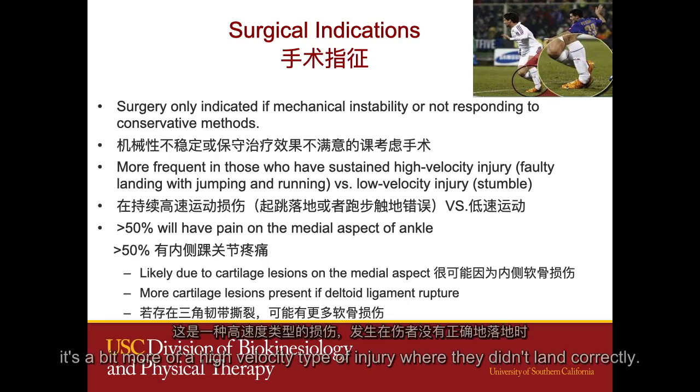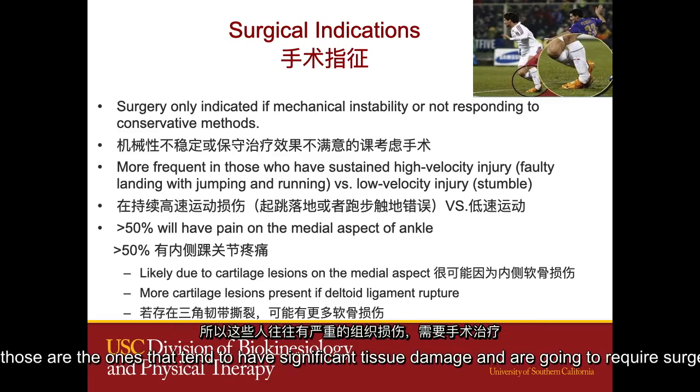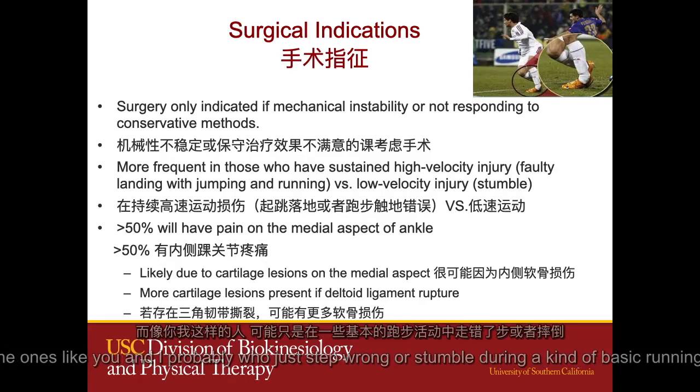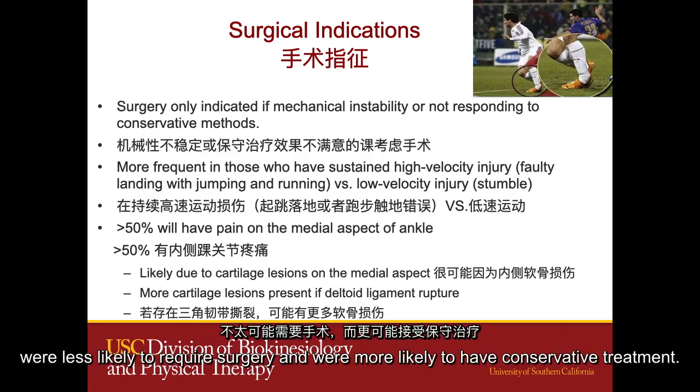Most of the time, it's more of a high velocity type of injury where they didn't land correctly. Those are the ones that tend to have significant tissue damage and are going to require surgery. Whereas the ones like you and I probably, who just step wrong or stumble during basic running activities, are less likely to require surgery and more likely to have conservative treatment.